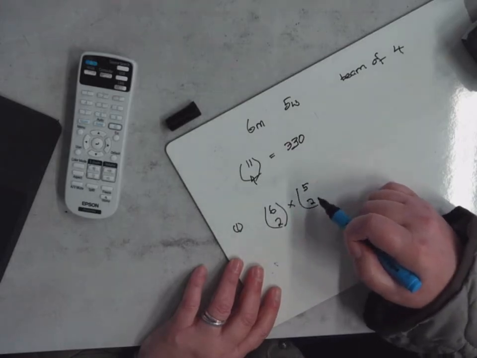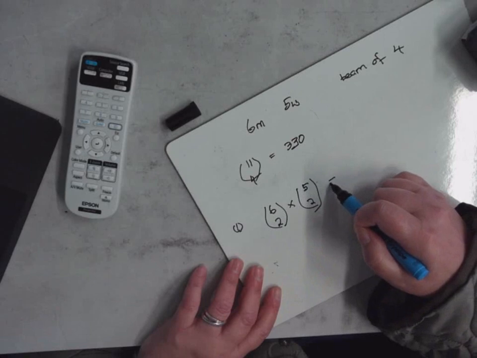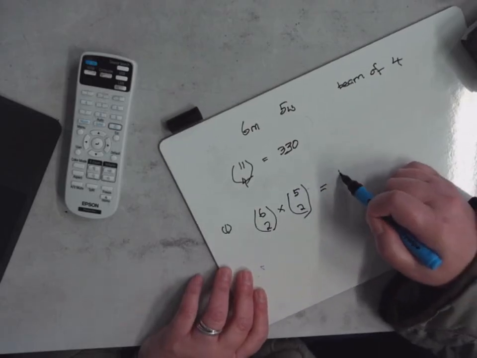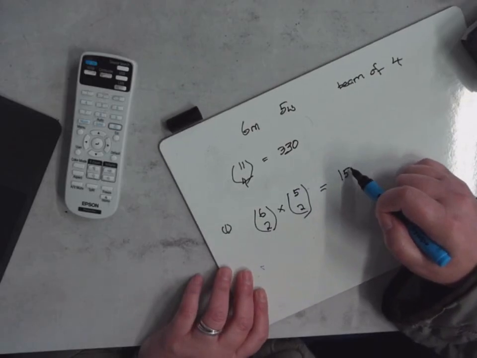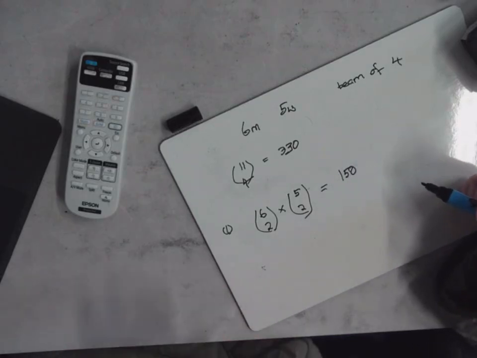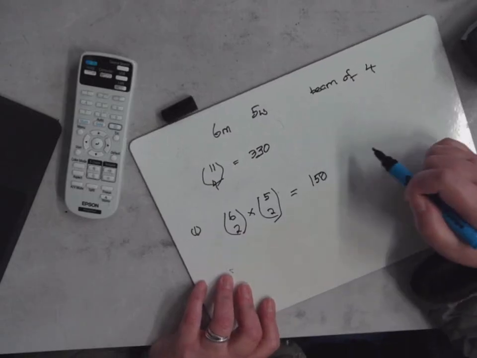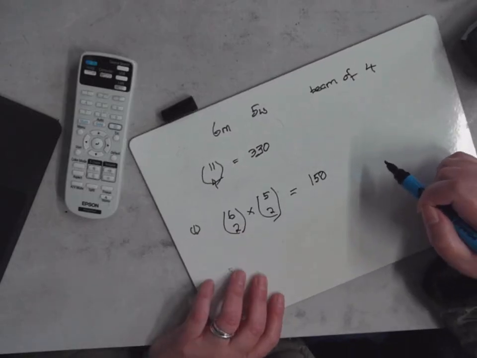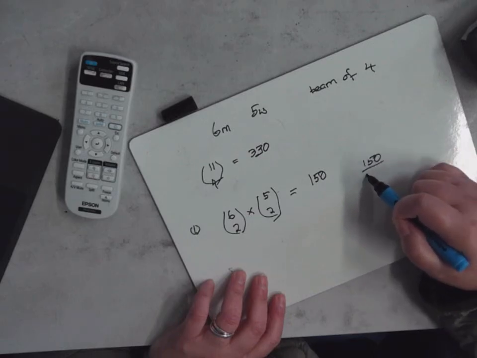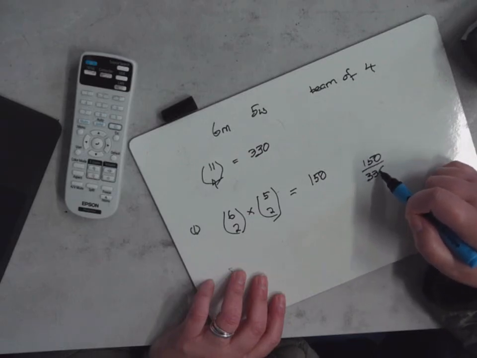That's 6 choose 2, which is 15, multiplied by 10, 150. So the probability is 150 out of a total of 330, which you can cancel down if you like.